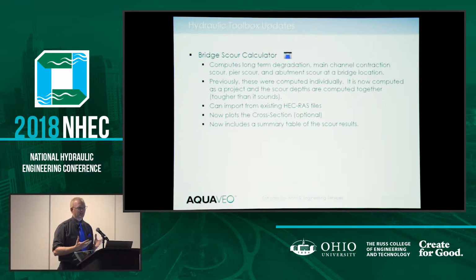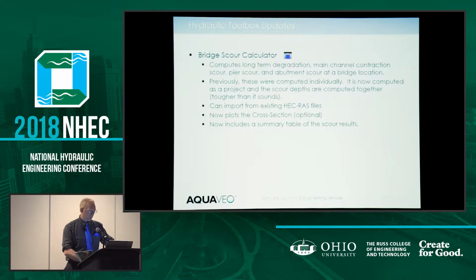And then you had to take that information and figure out what it meant. Now, we've put this together in a project, and we pull together the scour depths and add them together for you, which sounds really easy, but it's tougher than it sounds.